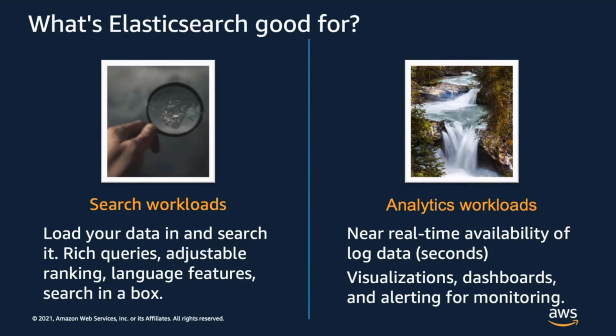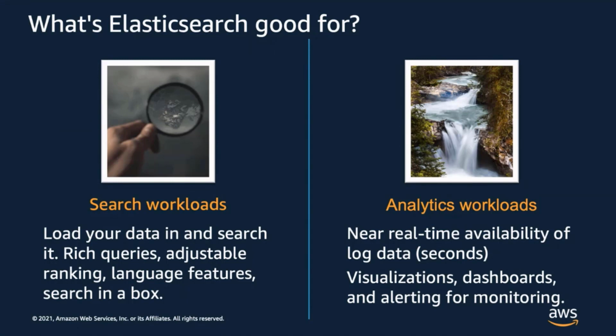It's the usual search experience that you're so used to across the web and across all of your applications. It supports rich queries, adjustable ranking to bring relevant results, and language features for decomposing blocks of natural language text. It's search in a box.